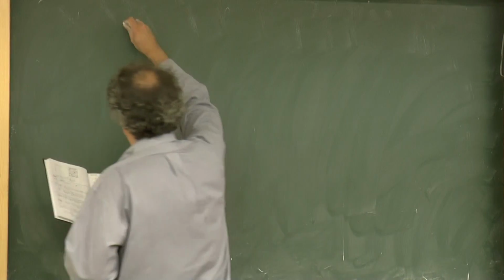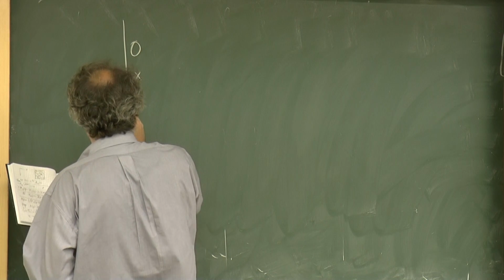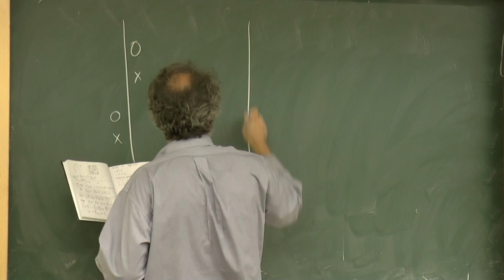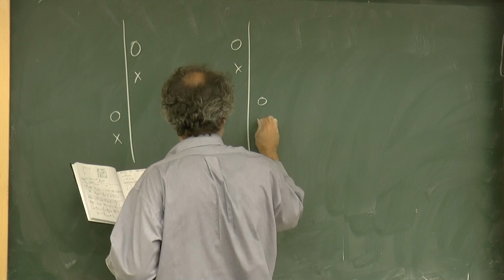Okay, so let's imagine trying to prove that the grid homology is invariant under a commutation move like this.